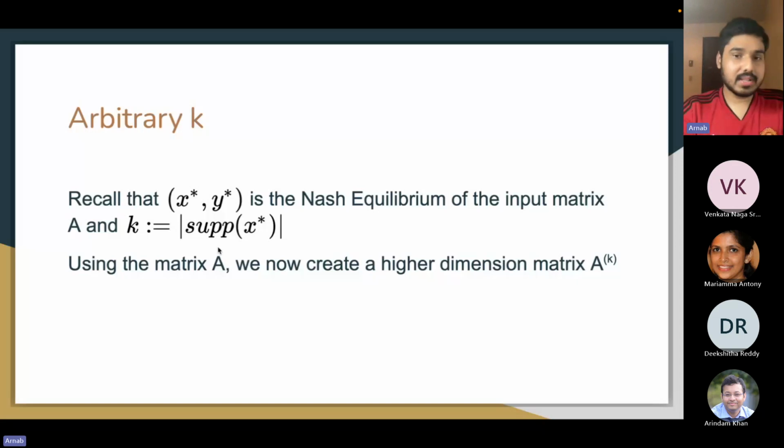So we'll consider matrix A with Nash equilibrium x star y star such that the size of the support is k. Using this matrix A, we'll create a higher dimensional matrix, some AK. That's just a notation. We'll show that this matrix has a pure strategy Nash equilibrium, and that will in some sense correspond to the support of this original matrix.